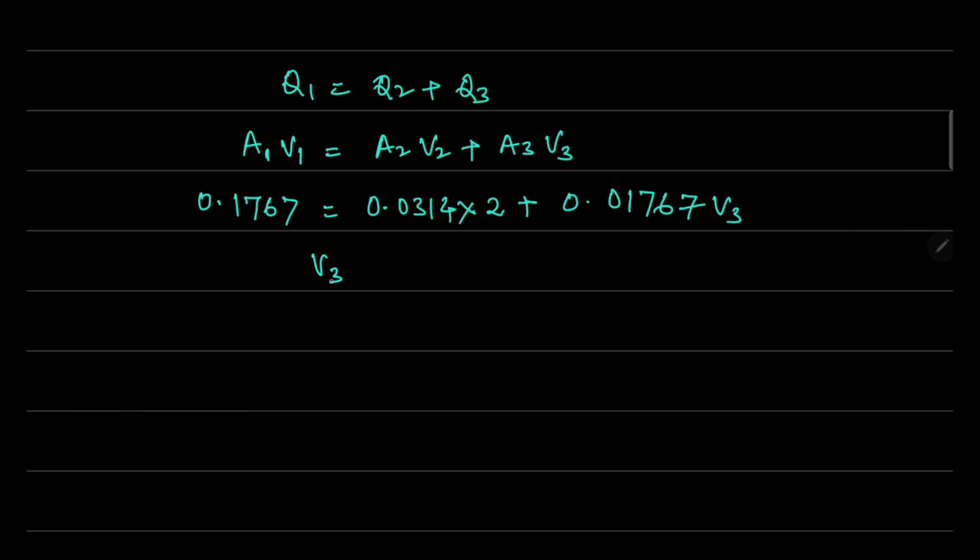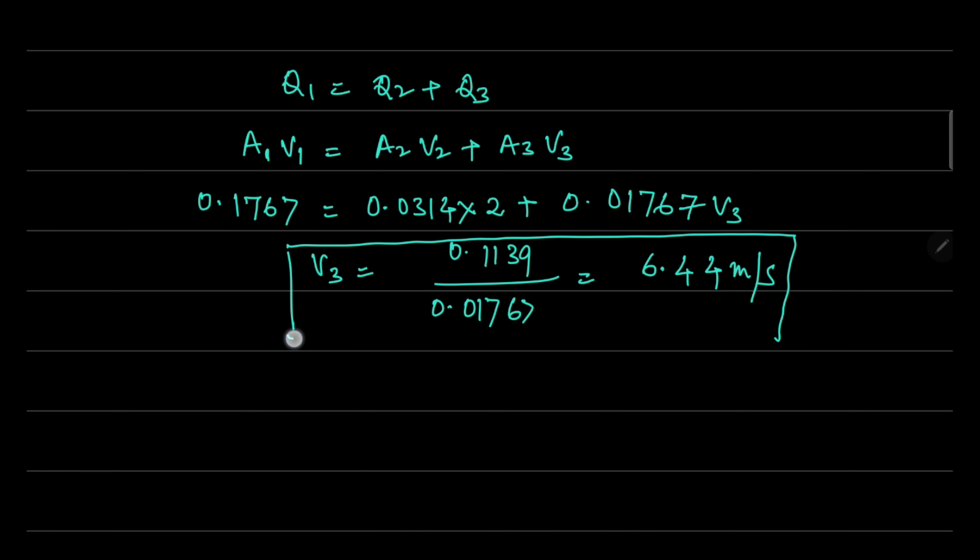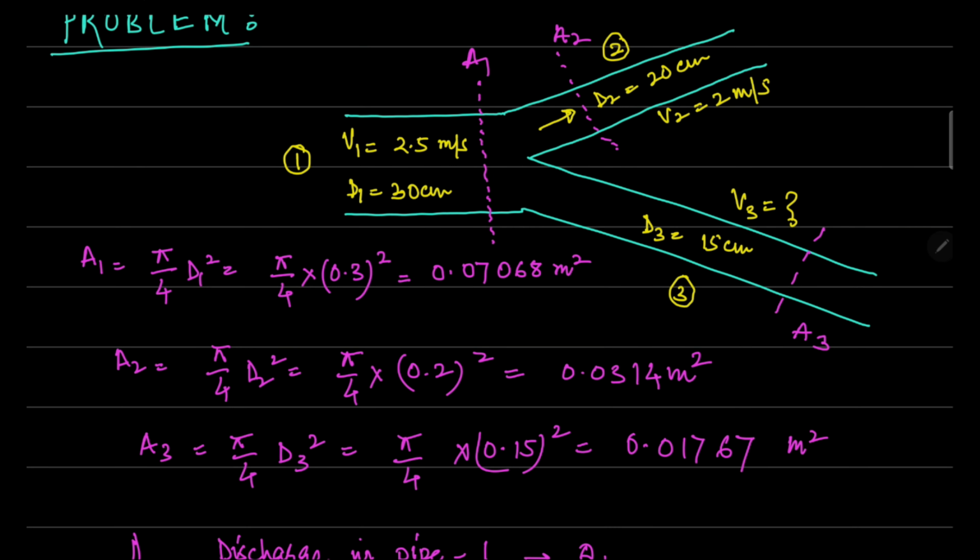So V3 is equal to, if we solve this, 0.1139 divided by 0.01767, and that will give us a value of 6.44 meter per second. So this is our answer. In this section, this V3, which was unknown to us, is now known to us, that is 6.44 meter per second.